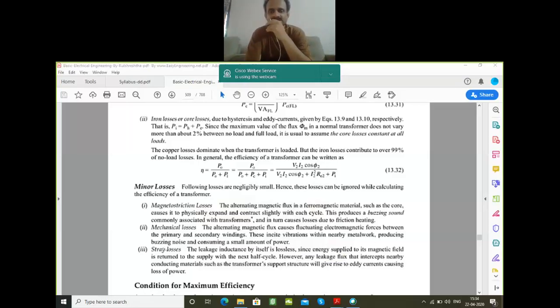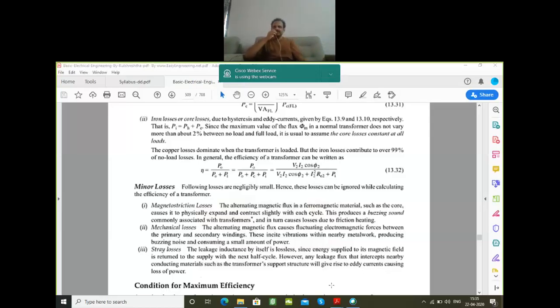And third one is stray losses. Leakage inductance is responsible for stray losses. Energy is supplied by the magnetic field and it is given back to the supply in the next half cycle. If there is any leakage flux that intercepts conducting material, such as the transformer support structure, this will lead to eddy currents causing loss of power.